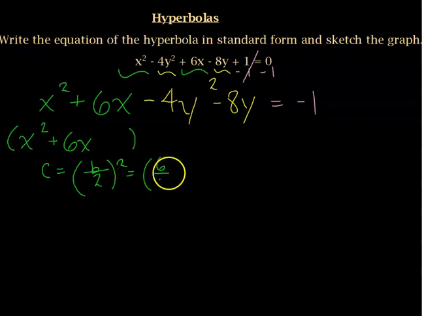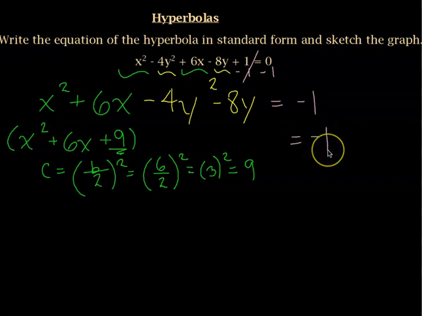So 6 over 2 squared would be 3 squared, and that would give us 9. So we're going to add 9 as our new value of c. But keep in mind, you can't just add a value to one side of the equal sign. Remember, whatever you do to one side, you do to the other. So with that equals -1, we're also going to add 9 there to balance our equation.